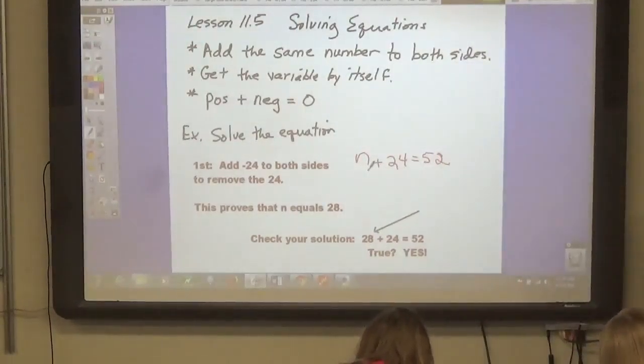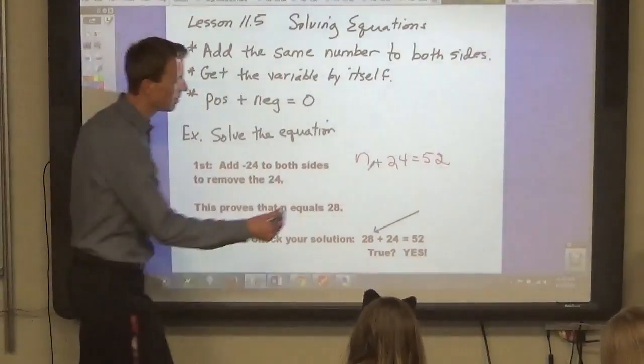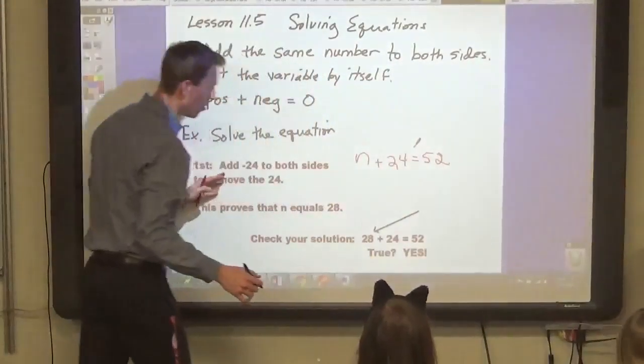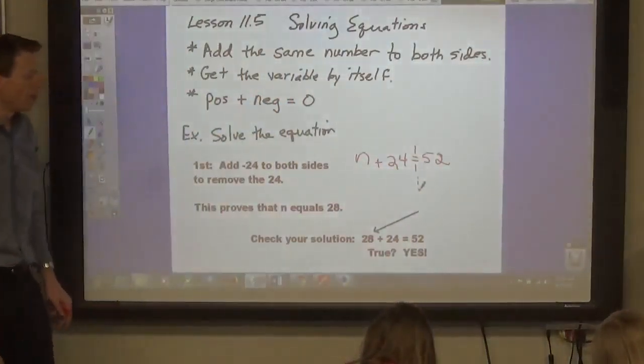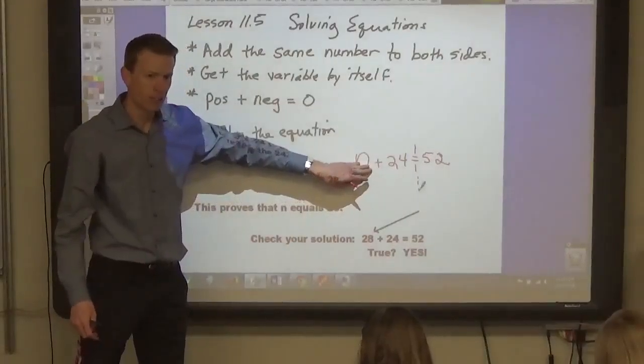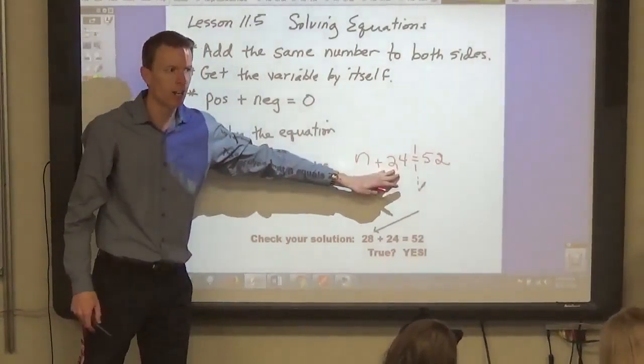Okay? On the same side as n is the number 24. So let's divide this equation into two sides. You know that we have to get the n by itself on the left side. What do you add to 24 to get rid of it?